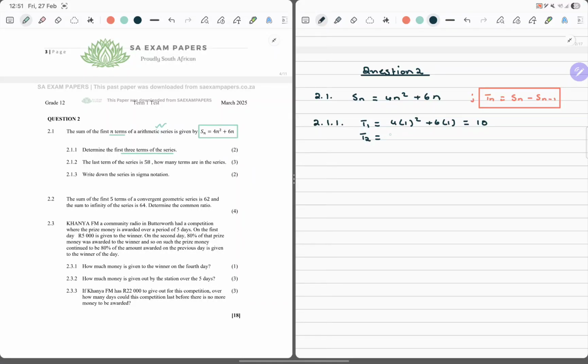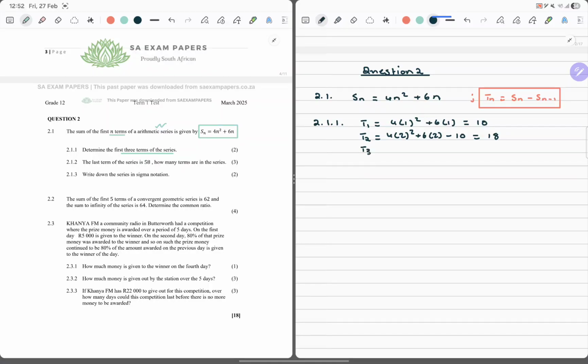So this is going to be 4 into 2 squared plus 6 into 2 minus 10. What is that? So let's see. So that's going to be 4, 16 plus 12. 16 plus 12, that's 28. Minus 10, that's 18. Okay guys, so that's T2.